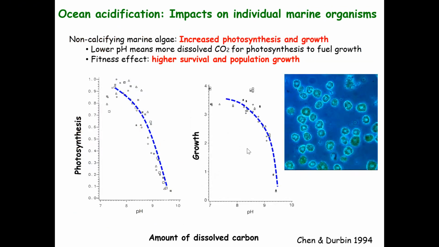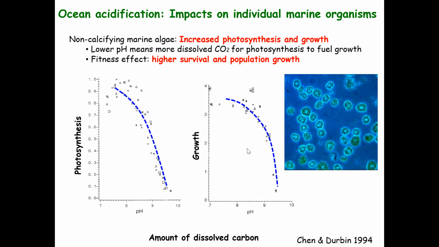And when we get away from the calcifying organisms, we have an increase in photosynthesis. What's one of the products of photosynthesis? Well, it's going to use carbon dioxide to make sugar and oxygen. So a lower pH means more dissolved carbon dioxide.